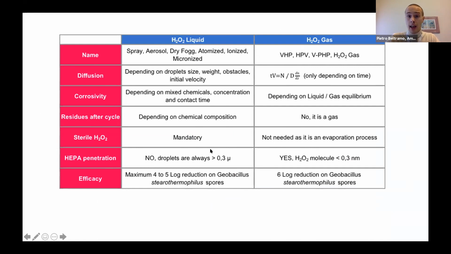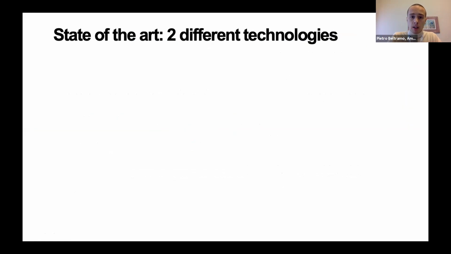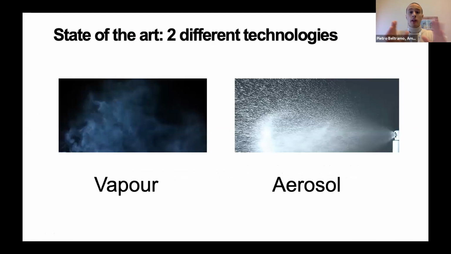Whatever is bigger than a micron has no Brownian motion, so it's just driven by gravity or speed. So those are the reasons why it's important to distinguish between those two technologies.